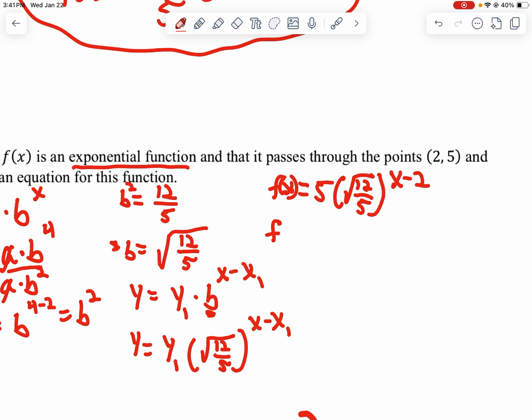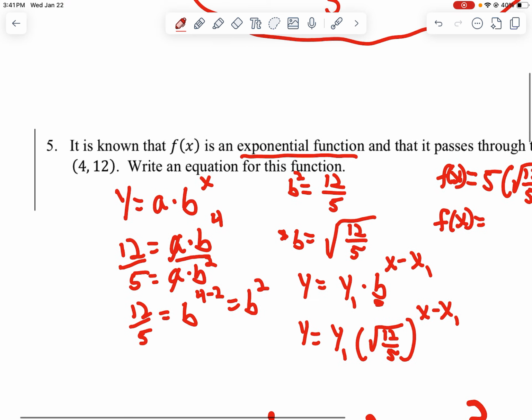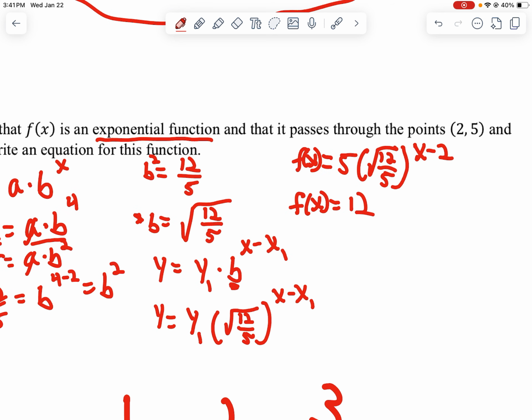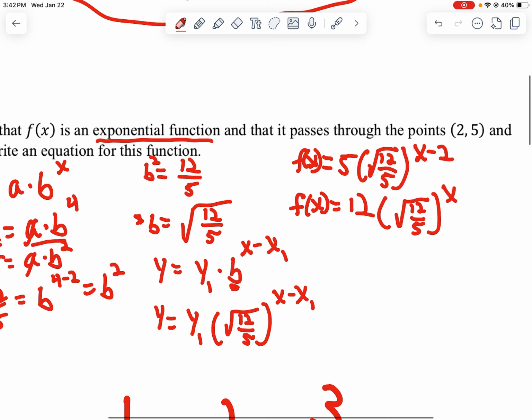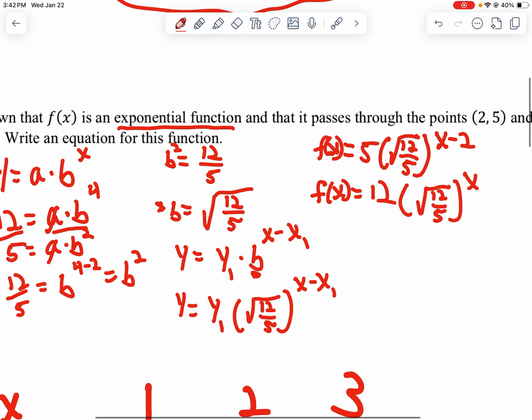Or you can write f of x equals the other point, which is 12, same thing, square root of 12/5 for the base, x minus, what is that, 4? Yep, x minus 4.